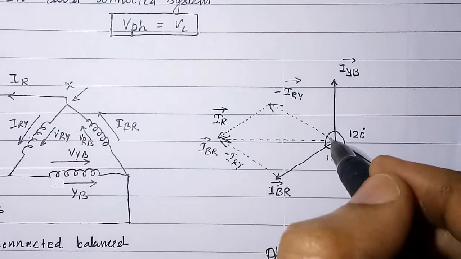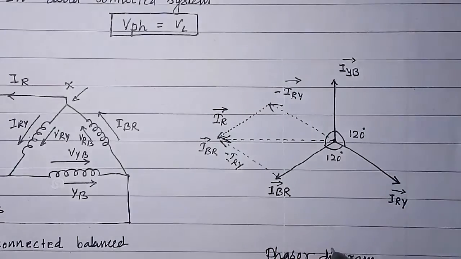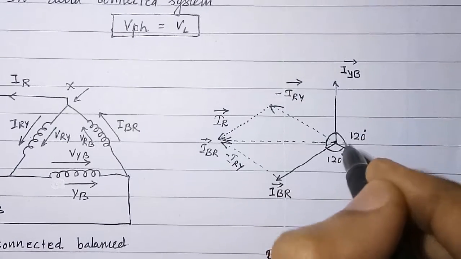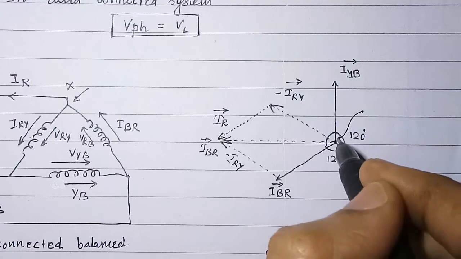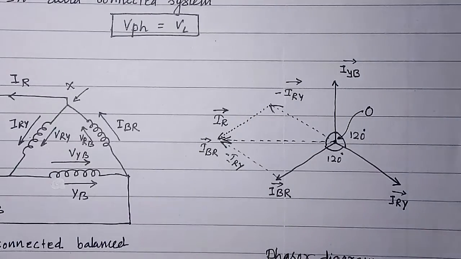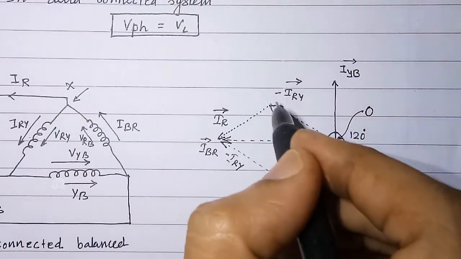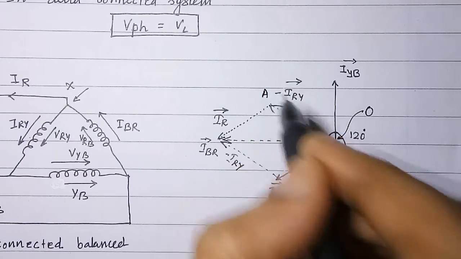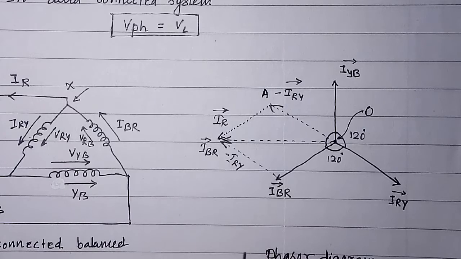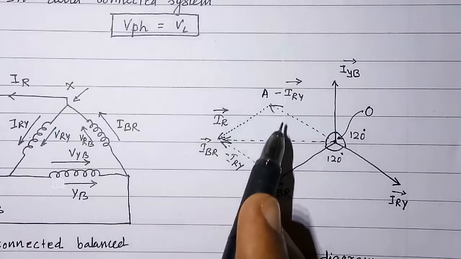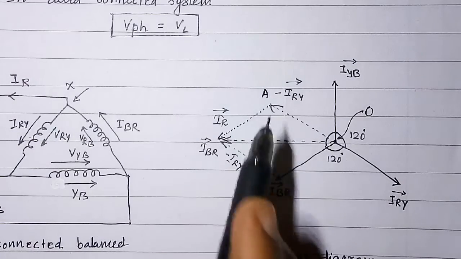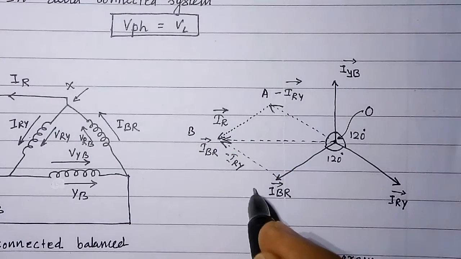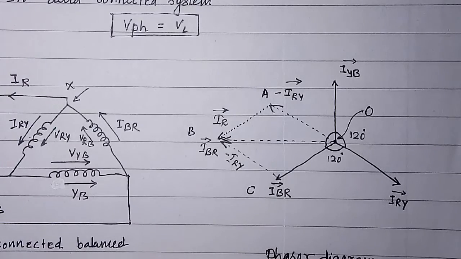Let us call this common point as O, and name this parallelogram as OABC.